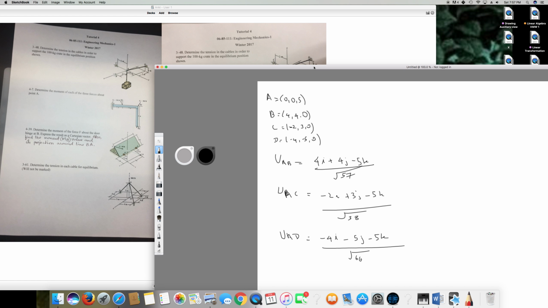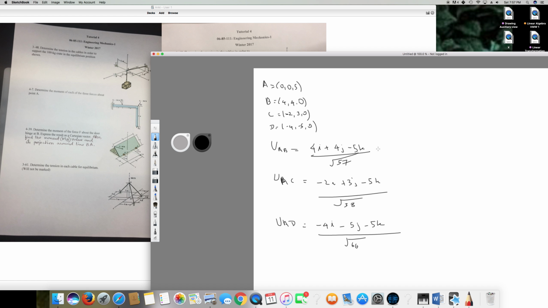Since this is in equilibrium, I can simply add everything and say it's equal to zero. First of all, I have to find the forces for each of them. So the force F_AB is going to be F_AB times U_AB, F_AC is going to be F_AC times U_AC, and F_AD is going to be F_AD times U_AD.